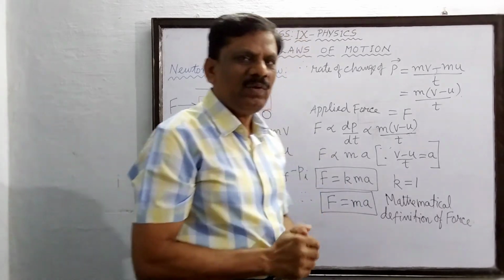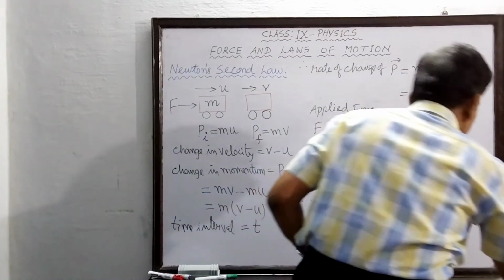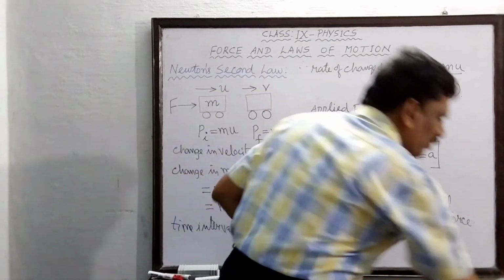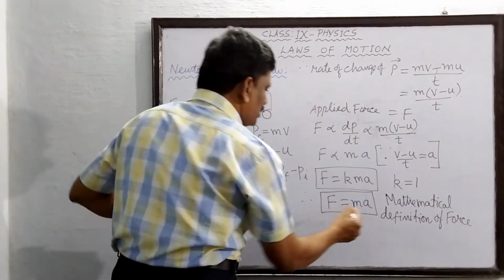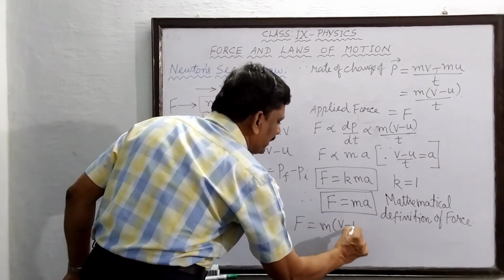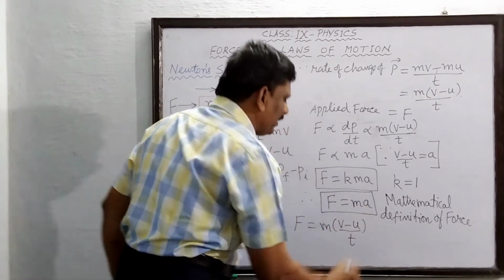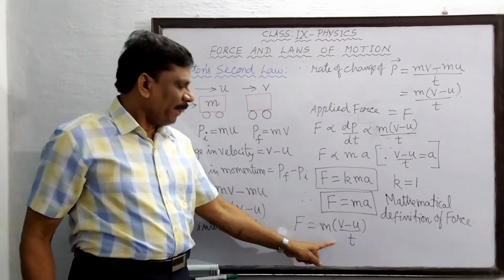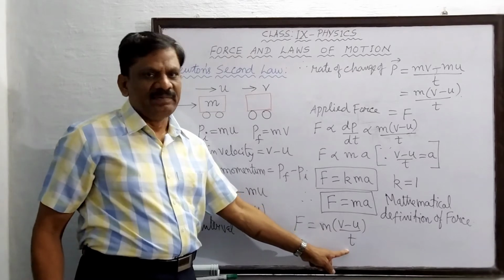I will tell you why they are lowering the hands. You see this equation, force is equal to mass into acceleration. So force is equal to mass into, instead of acceleration, v minus u by t I will write. In this equation, t is the time taken.